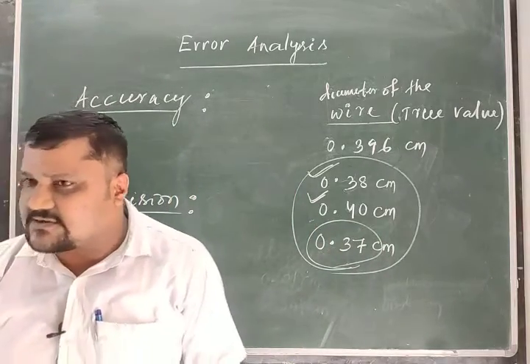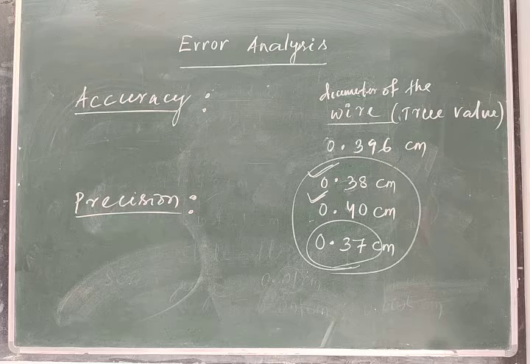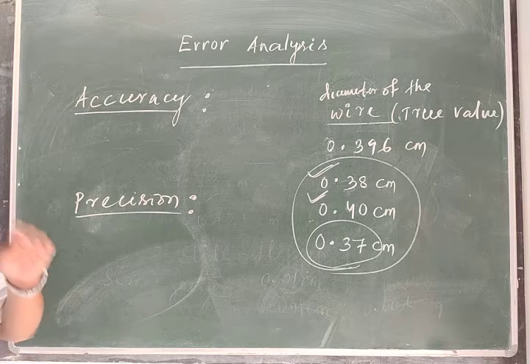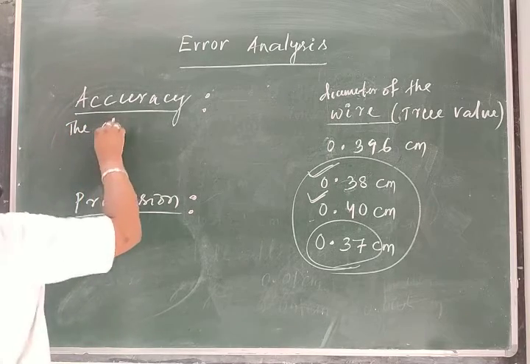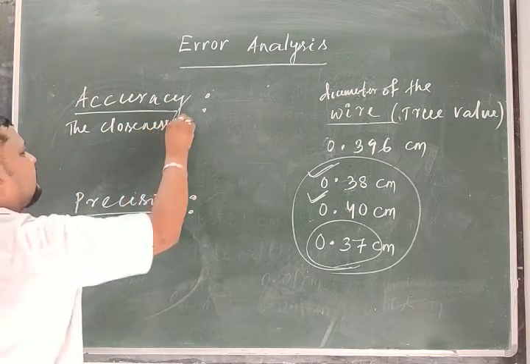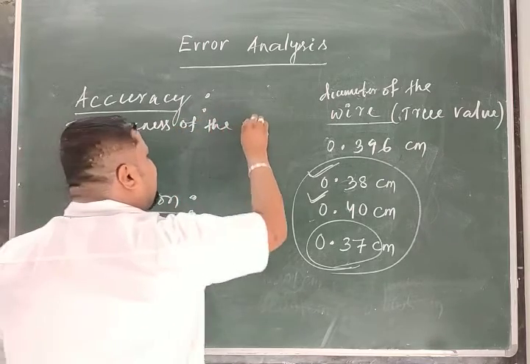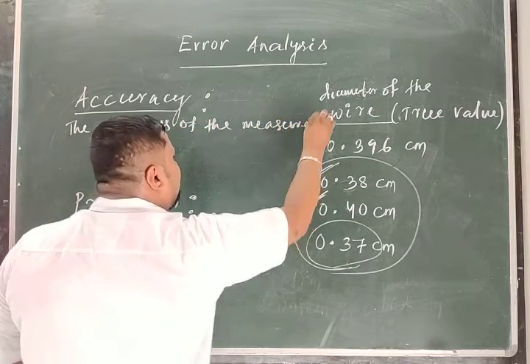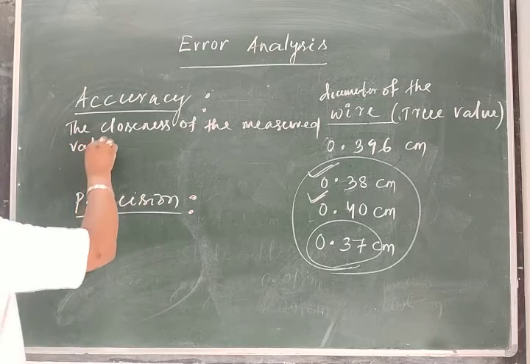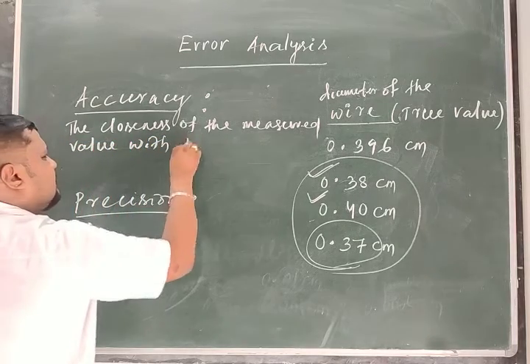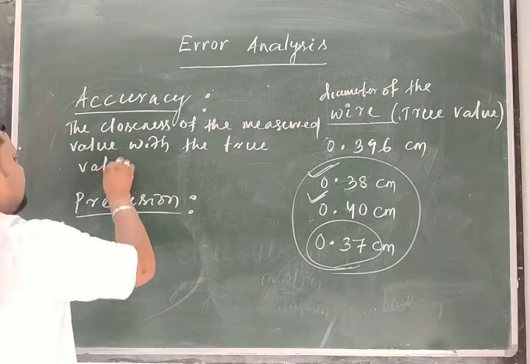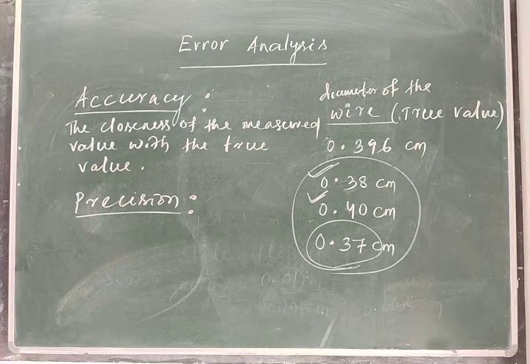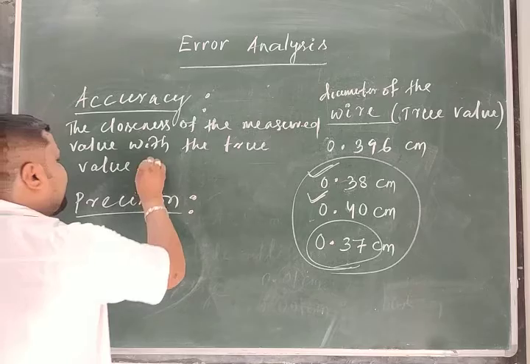So this gives you the concept of accuracy. Accuracy means the closeness of the measured value with the true value of the physical quantity.